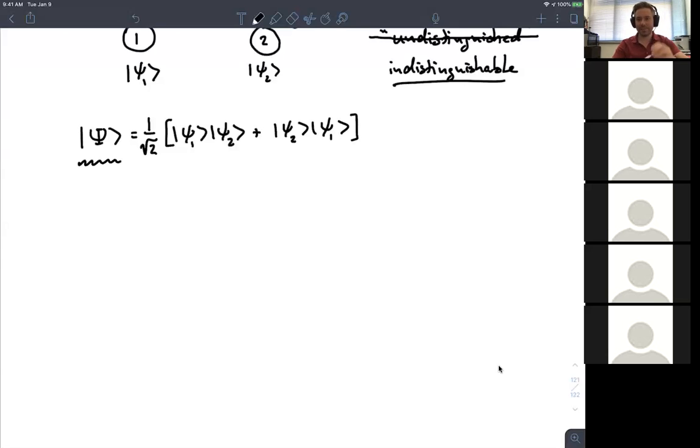All right, so now is when things are going to get a little complicated. What I have written down here is correct for bosons.